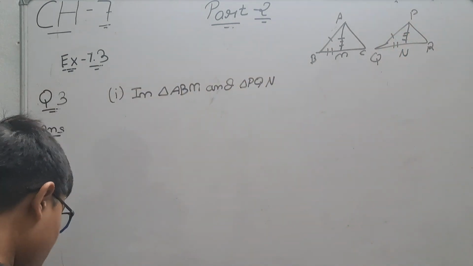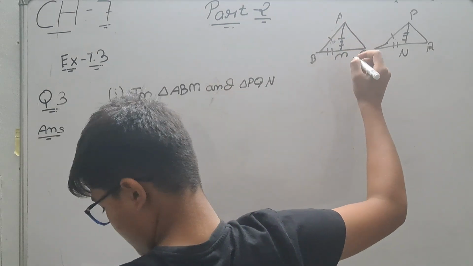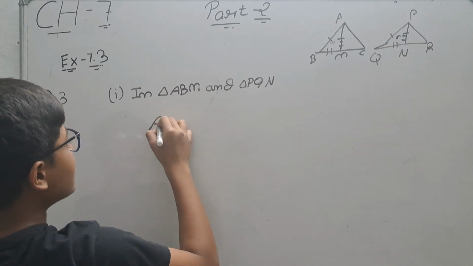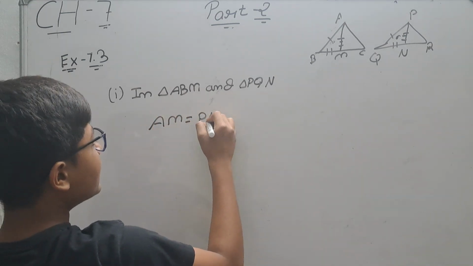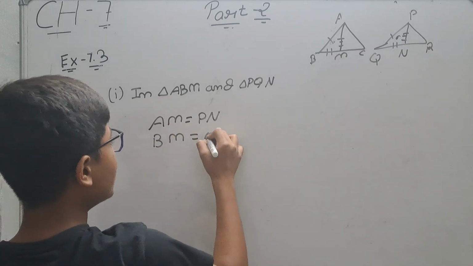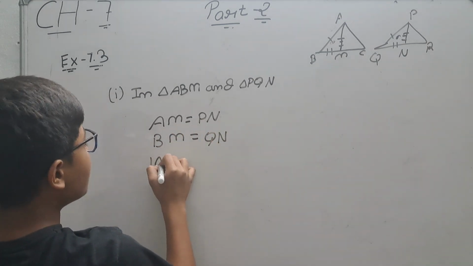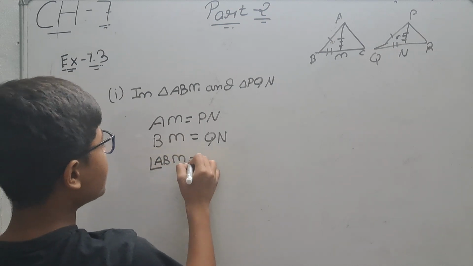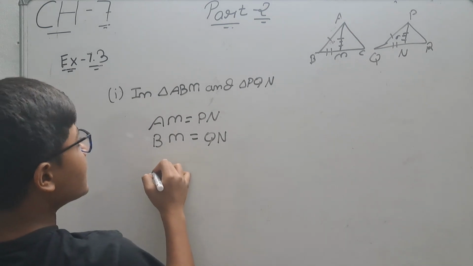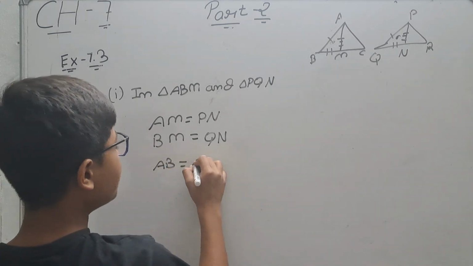So we have to prove triangle ABM is congruent to triangle PQN. So we can write like this: AM is equal to PN, BM is equal to QN, and they have given AB is equal to PQ.